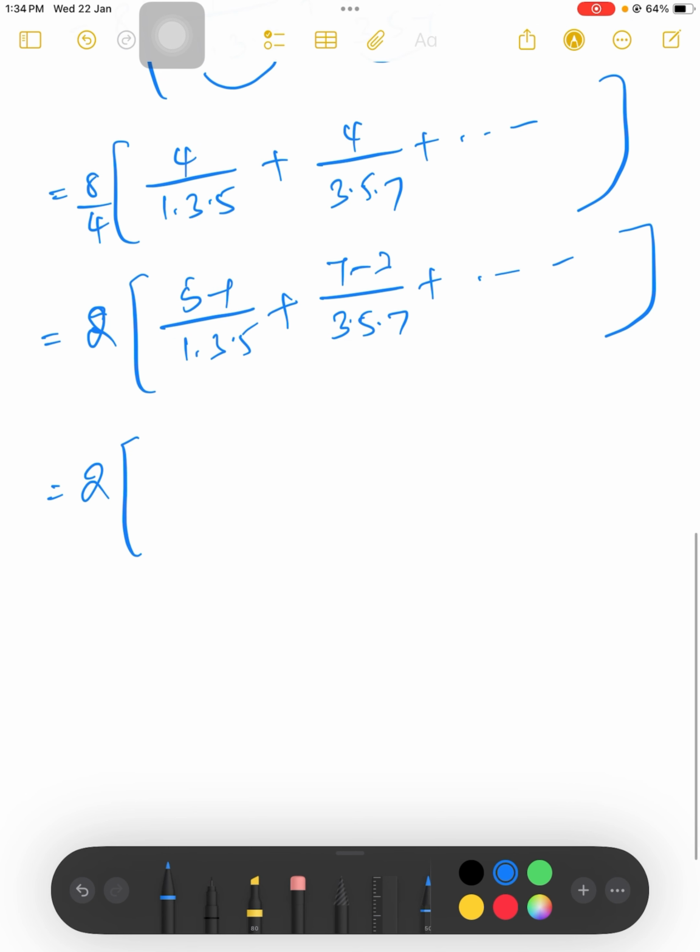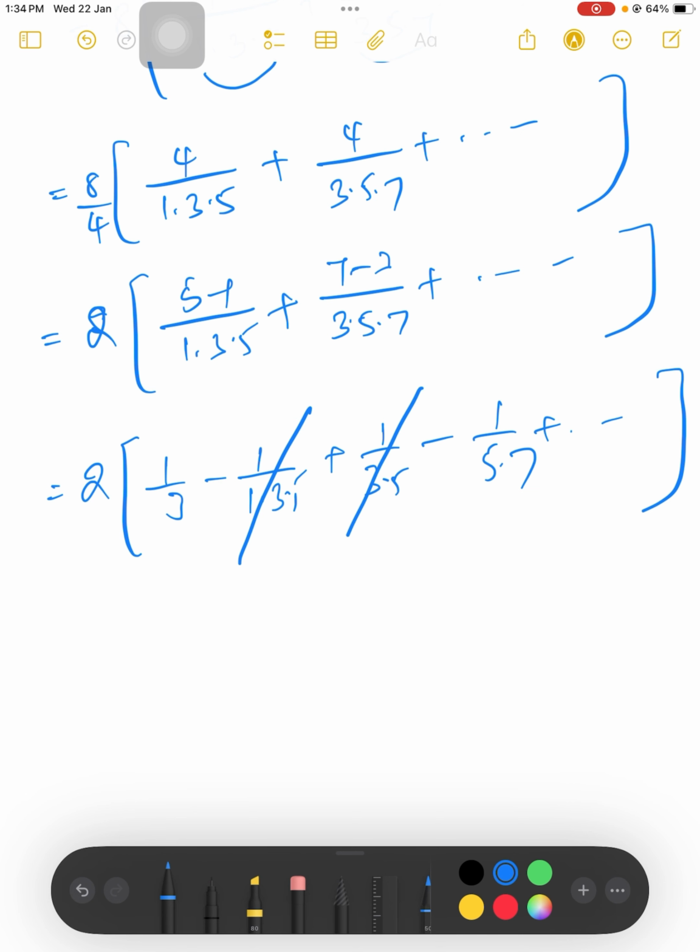From this, 5 by 1 into 3 into 5 will become 1 by 3, and 1 by 1 into 3 into 5, then 7 by 1 into 3 into 5 minus 3 by 1 into 5 into 7 plus and so on like this.